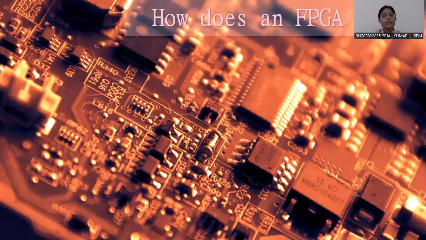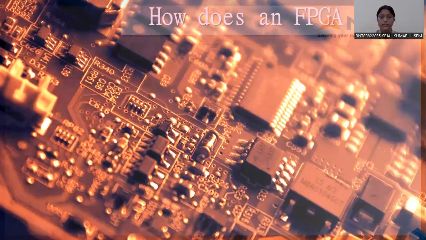Now, how does an FPGA work? A field programmable gate array is an integrated circuit that is designed to be configured by the customer or the designer after manufacturing, and hence it gets its name, field programmable.